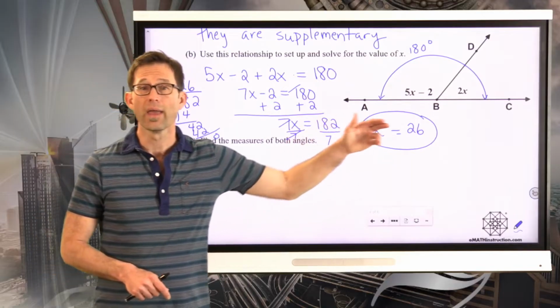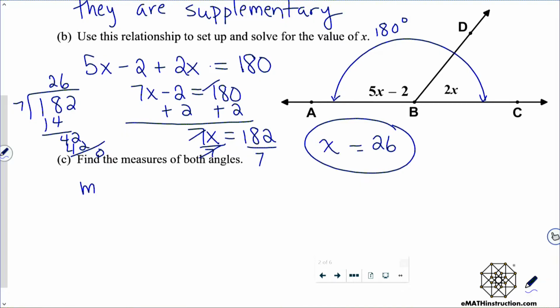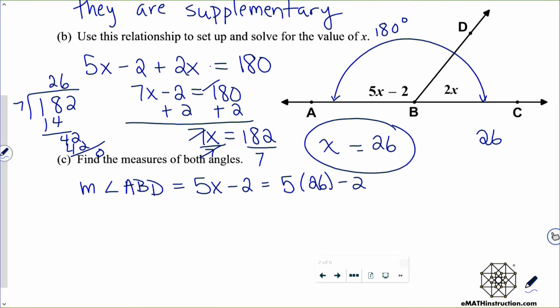Well, the measure of angle ABD is 5 times x minus 2. So the measure of angle ABD is 5x minus 2, but since we now know what x is, we just substitute it in. Now I might have to, on the side of my paper, do 26 times 5, and get 130.